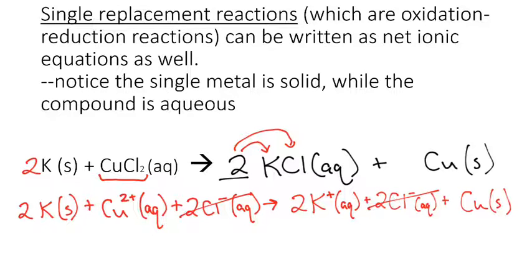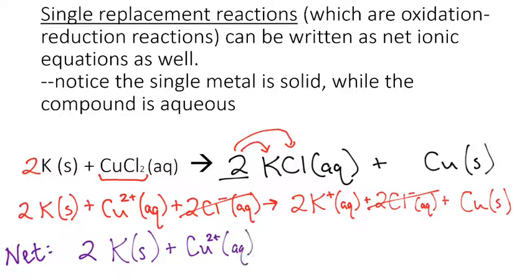And then we're left with our net ionic reaction: 2K solid, 2 potassium solid, plus Cu2+ aqueous, yields 2K+ ions plus Cu solid.